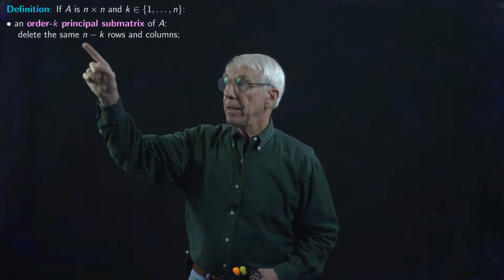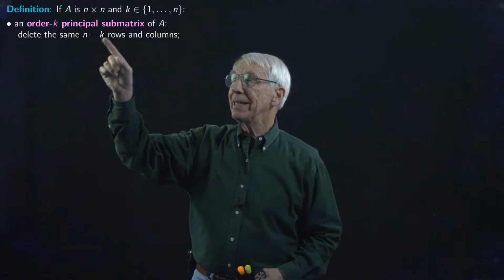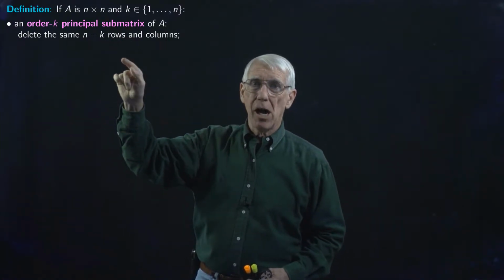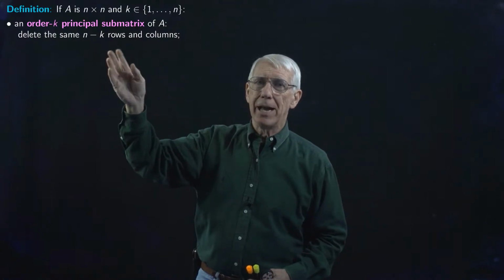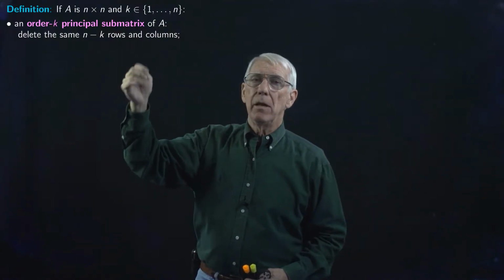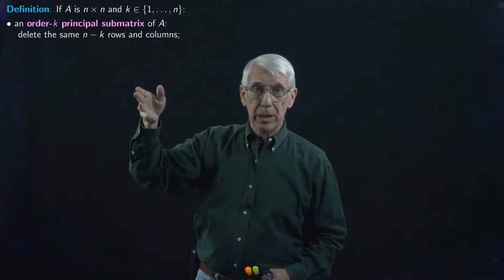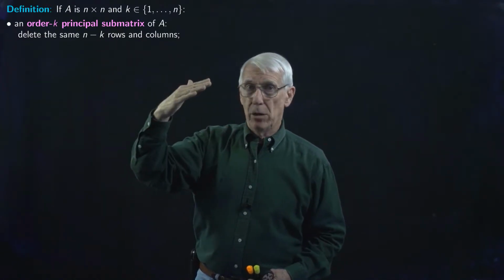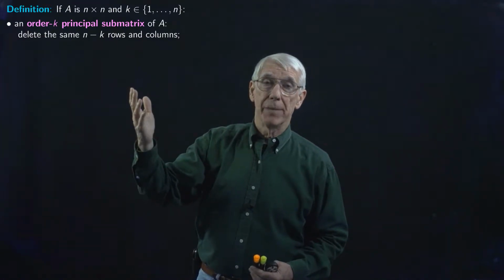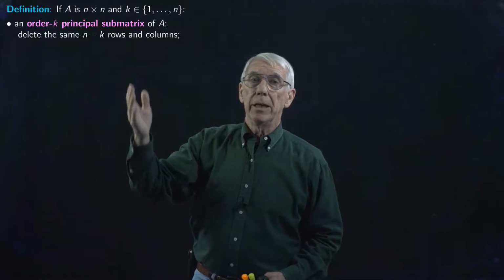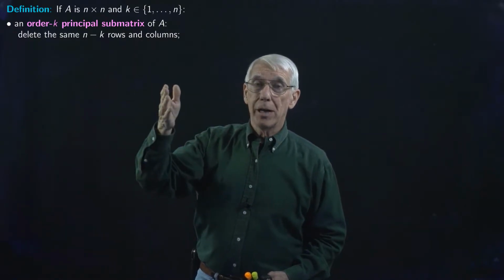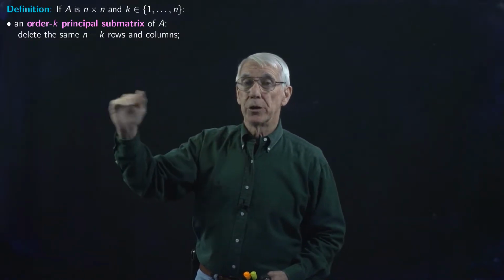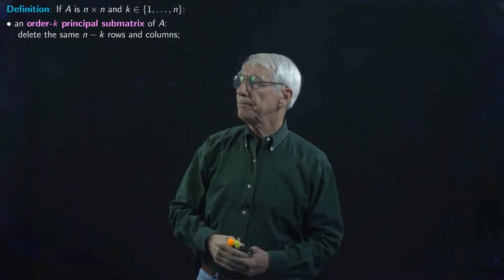And if it's a principal submatrix, we delete the same rows as columns. And of course, by the same, I mean if I delete the middle column, then I delete the middle row in a 3 by 3 matrix, for example. Or if I delete the first and third columns, I have to delete the first and third rows.